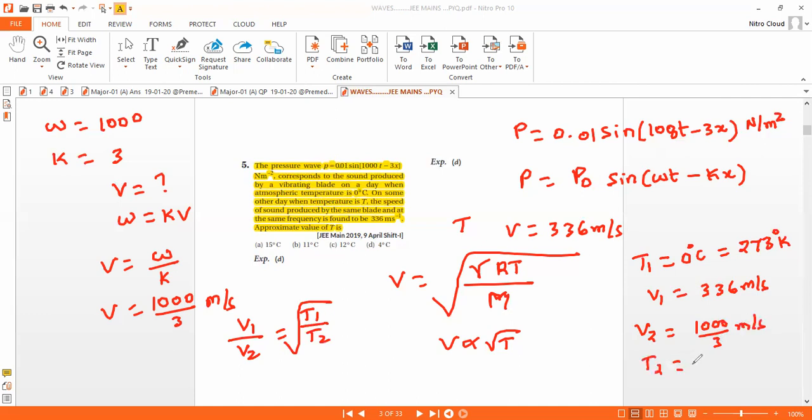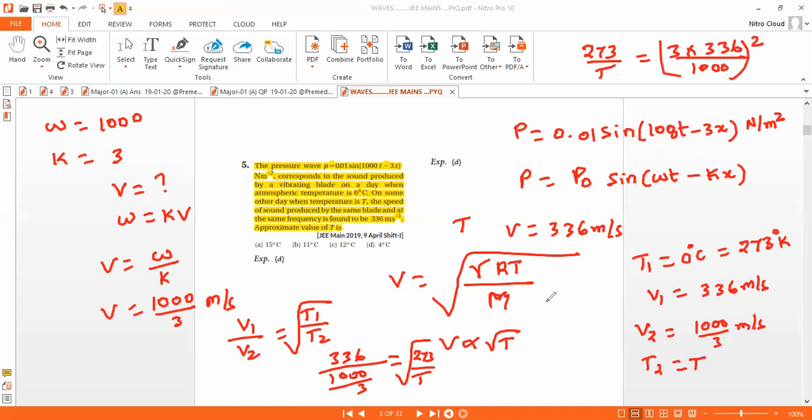T2 will be T; we need to find this T. So 336 by 100 by 3 is equal to under root 273 by T. So 273 by T is equal to 3 into 336 by 100 whole square, so T is equal to 273 into 10 power 4 by 9 into 336 whole square.